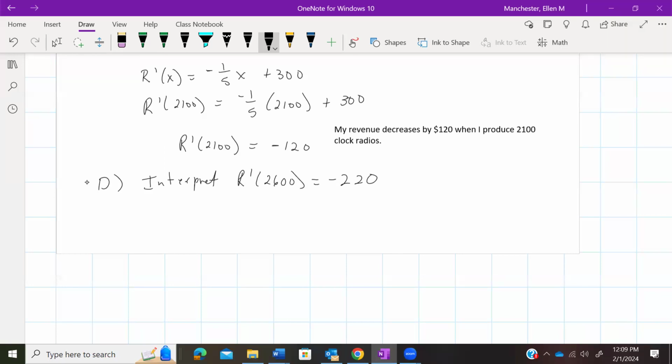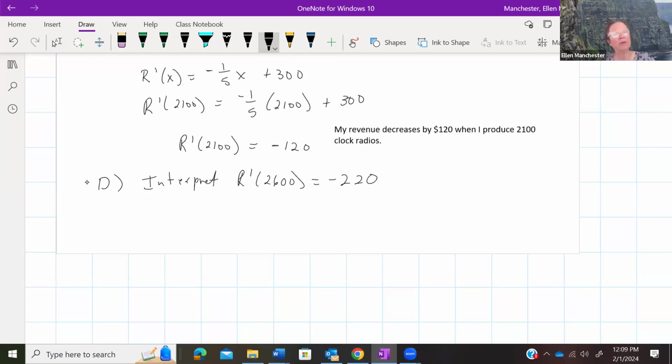Your revenue would decrease when you produce 2,600 clock radios. Correct. You would decrease by 220. Correct. Yeah. So is that worse than when I have 2100? Yeah. It is worse, right?